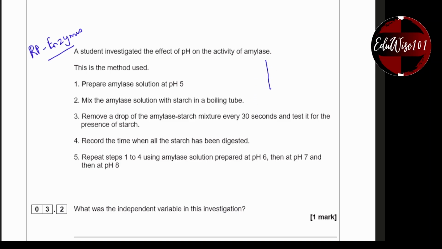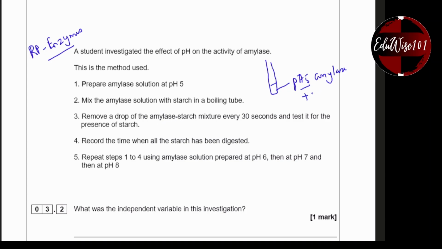So if you have a test tube with pH 5 amylase, right now amylase is actually the enzyme. The pH 5 is actually a buffer solution. You don't want to change the pH, and what you're trying to do is add amylase starch mixture as well.